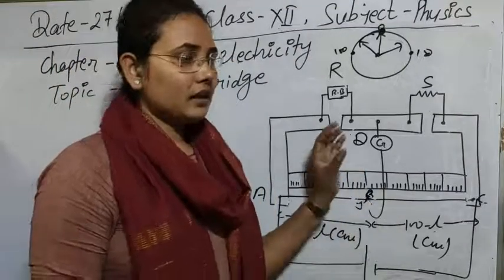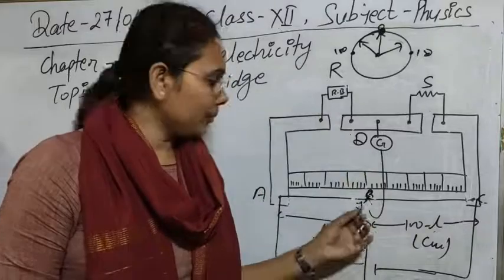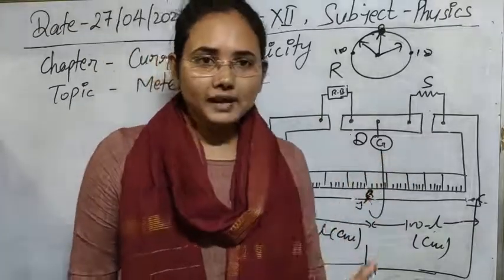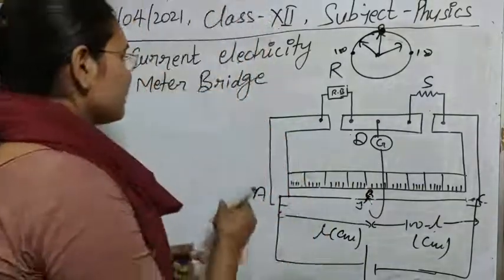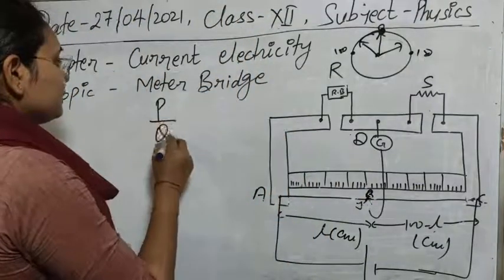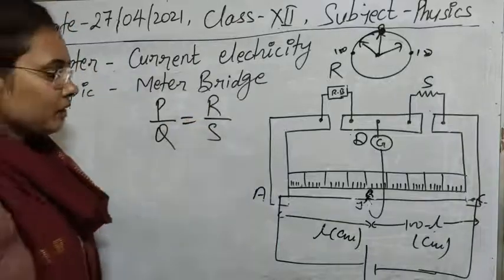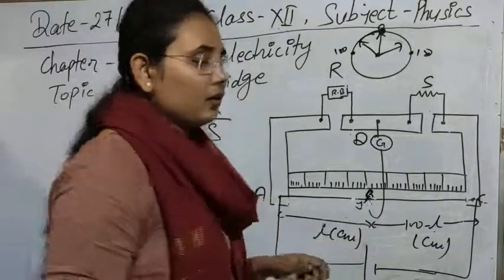Now as you know, when we obtain 0 current in the galvanometer, the bridge is balanced. For the balance condition we have P by Q is equal to R by S. Here for P, how can we calculate?